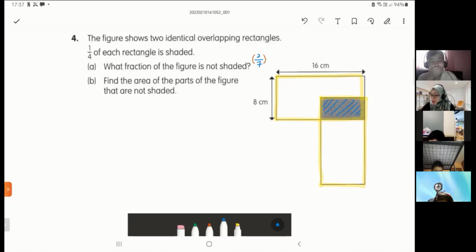So if you look at the diagram, let me see, this is it. We're going to cut it out like that. Can you see that there are 4 parts for that rectangle already? And I'm going to cut.